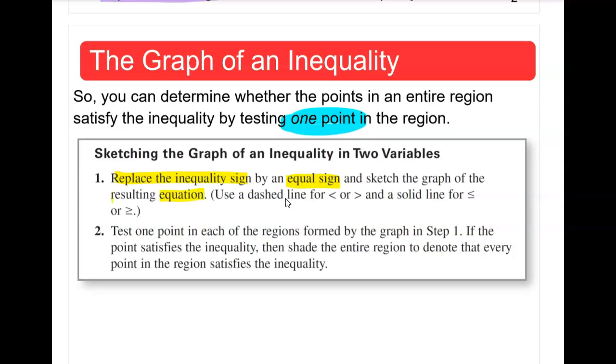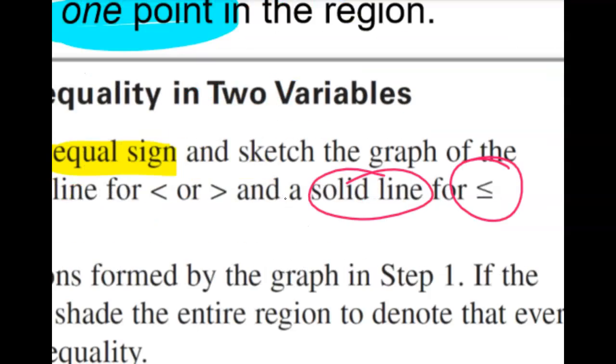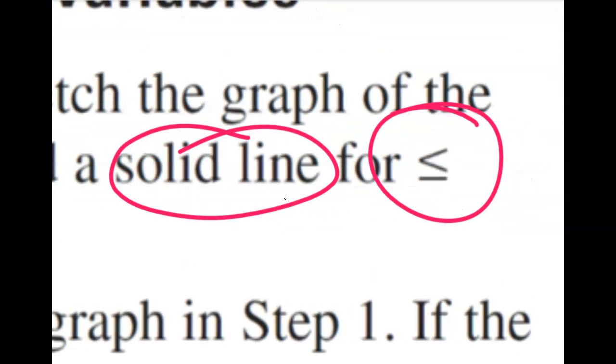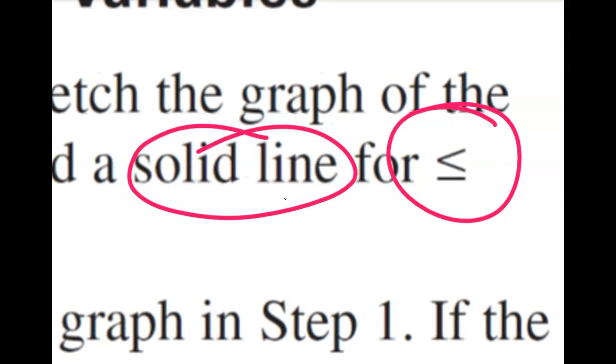After that, based on the signs, we will determine what type of line we'll be using. I'm going to start with solid lines, and those apply for the symbols less than or equal to and greater than or equal to, because we have that equal part here.